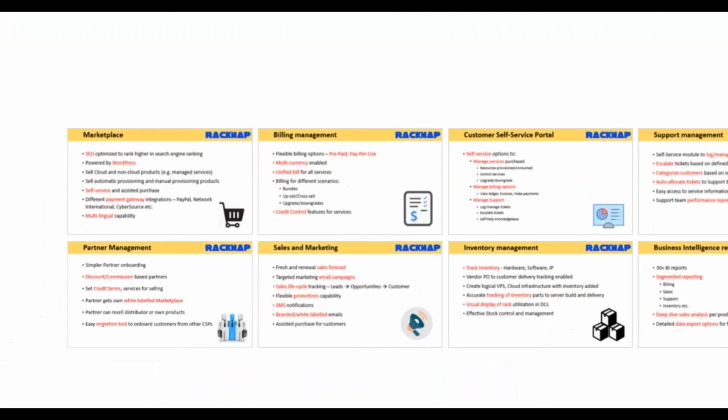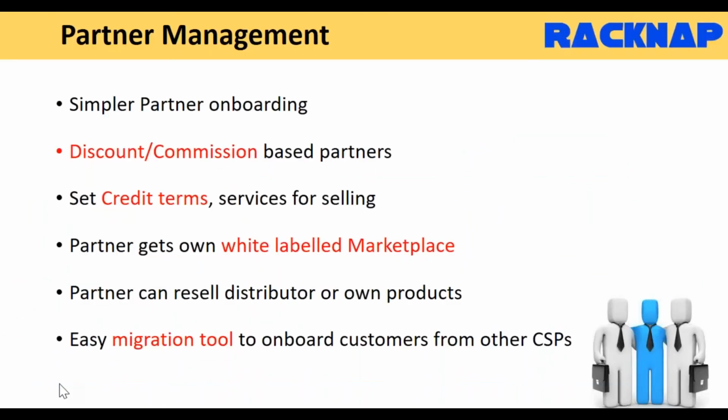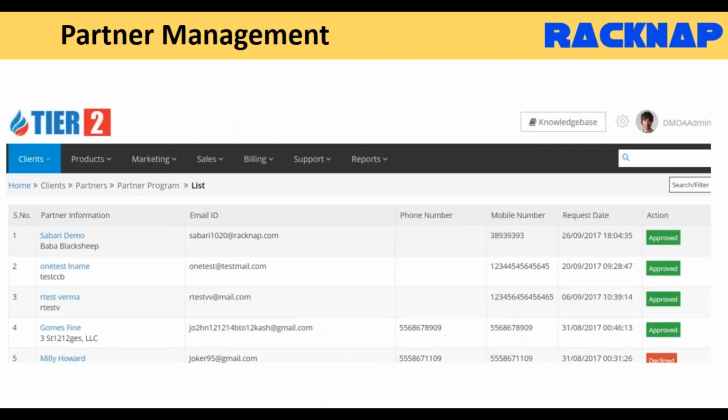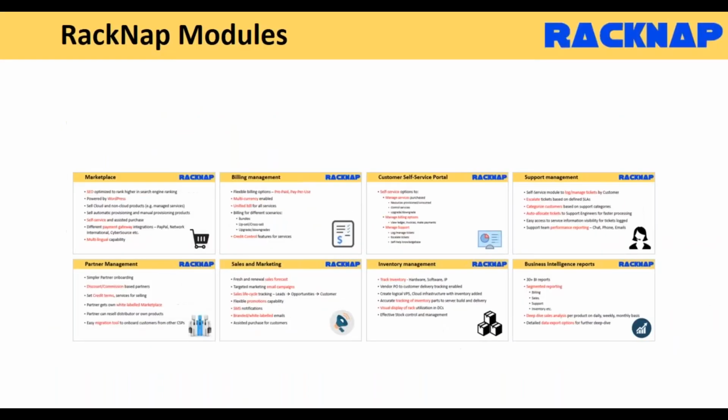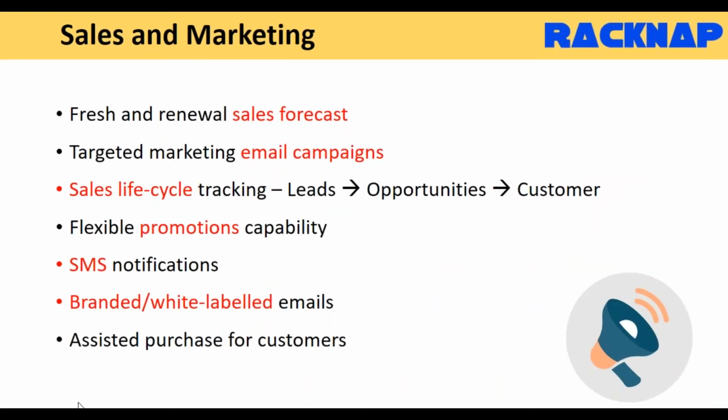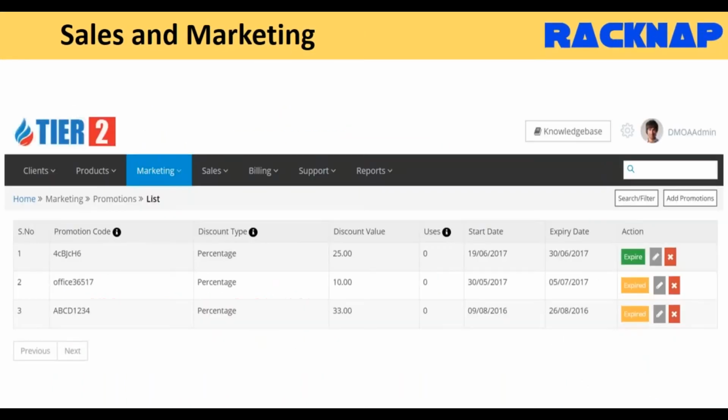And partner management, if you are selling via channel partners, RackNap helps you with discount and commission-based partner setup. Credit terms can be set up for the partners. Migration tools. I know we didn't do justice to the partner module in this session, but be assured that plenty of capability for partner management is also available. Okay? And looking at the sales and marketing function, fresh sales, renewal sales, we looked at quite a number of them already in the demo.